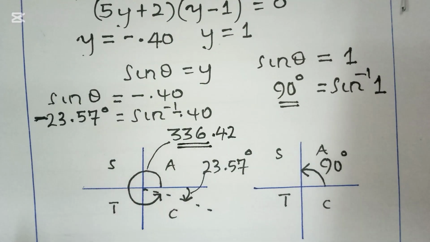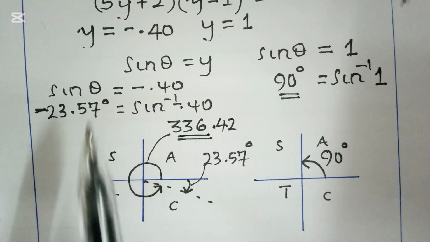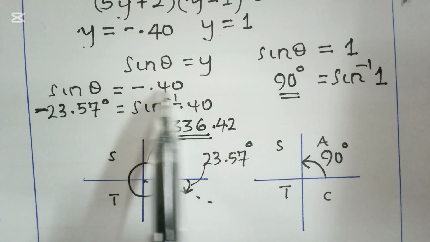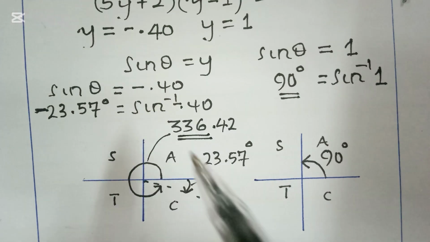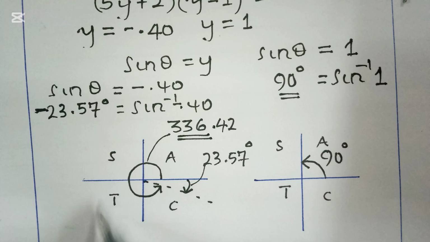Guys, we are not done, because where we have negative 0.40 for sine is at this sector and also at this sector.